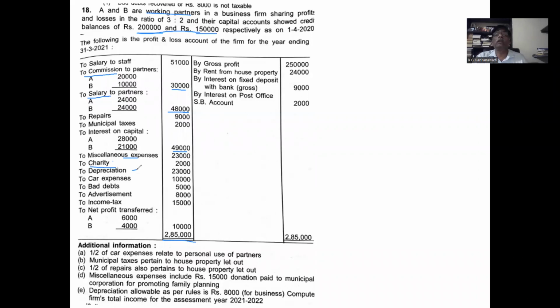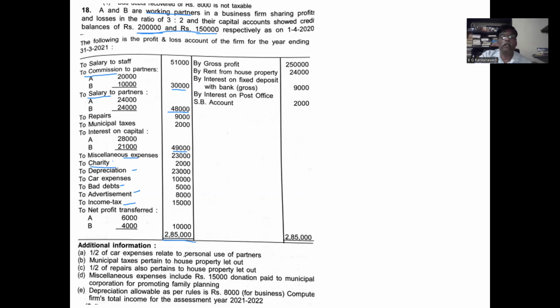You have to take the consideration of adjustment. Car expense allowable, bad debt allowable, advertisement allowable, income tax disallowed. You take income tax. Okay. Like this, you take the disallowed expenses, come to the adjustment.